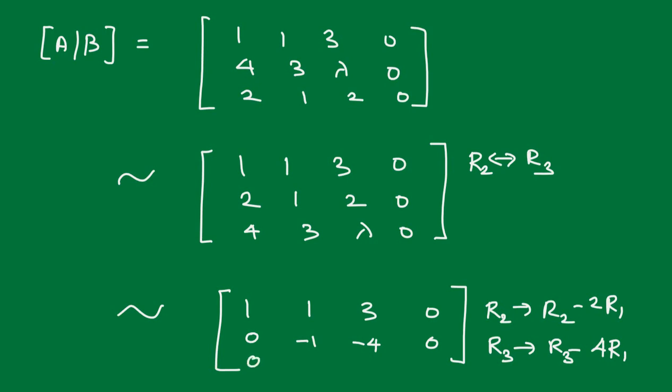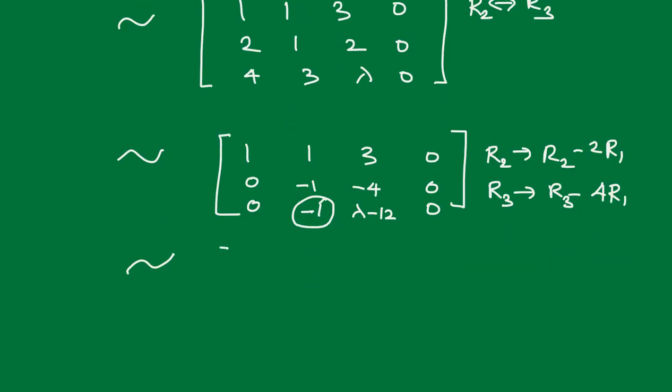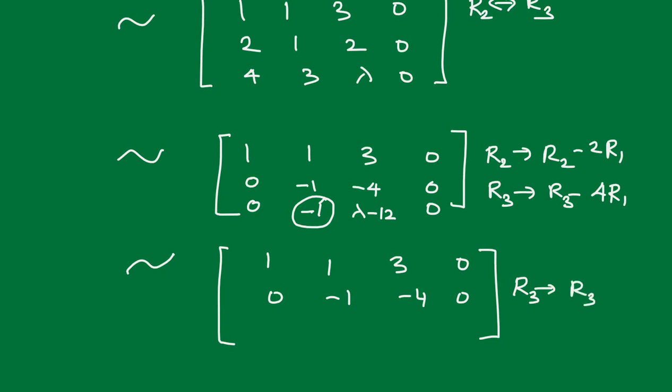R3: 4 minus 4 is 0, 3 minus 4 gives us minus 1, lambda minus 12. The next element will be 0. So this is equivalent to [1, 1, 3, 0; 0, -1, -4, 0]. The next transformation is R3 to R3 minus R2. So we get here 0, 0, lambda minus 8 and 0.